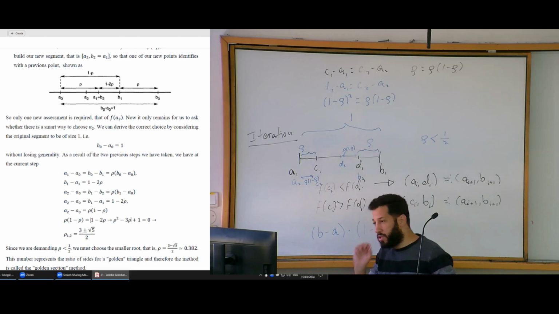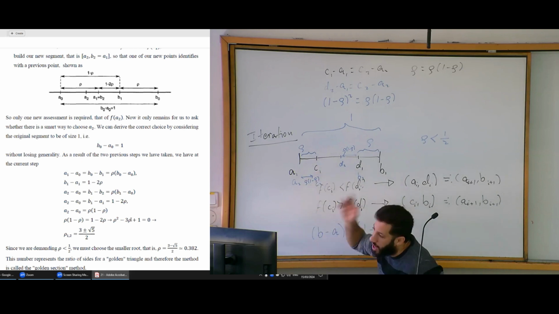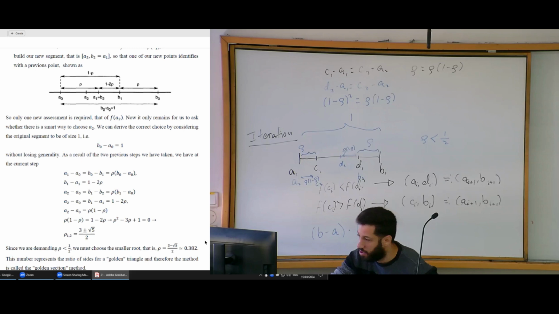Now I choose a specific row that makes the number of calculations smaller. It's the half. So now in each iteration, I will evaluate the function for one new point because the second point I have evaluated in the previous iteration.